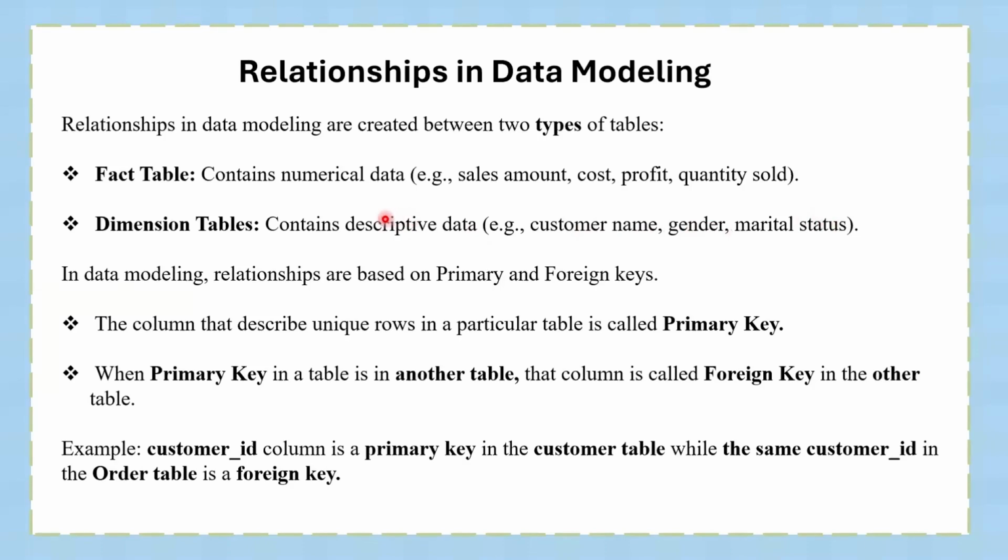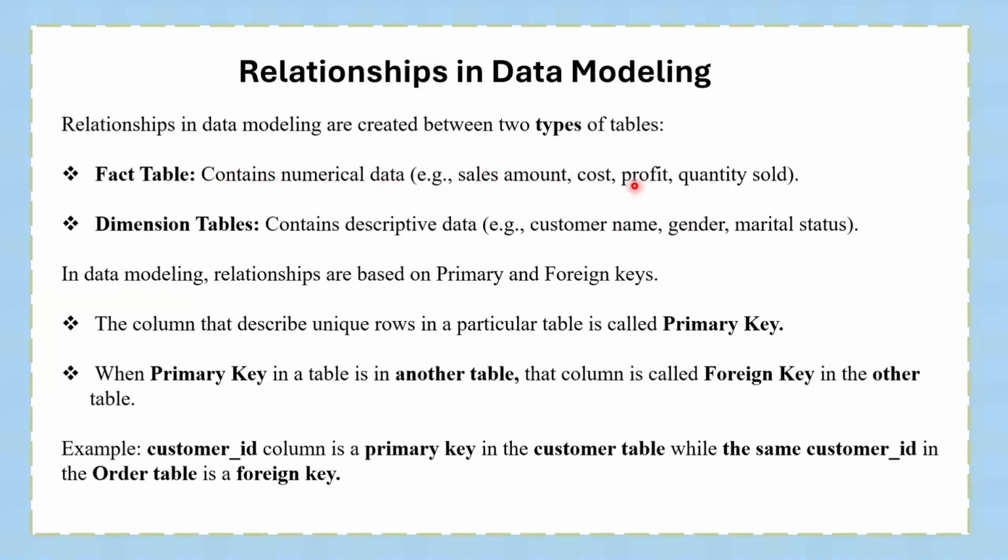Now, you might be wondering, when I am working with a data set that has multiple tables, how do I identify which one is the fact and how do I identify which one is the dimension table? Basically simple. All you have to do is look out for the table that has numerical data.